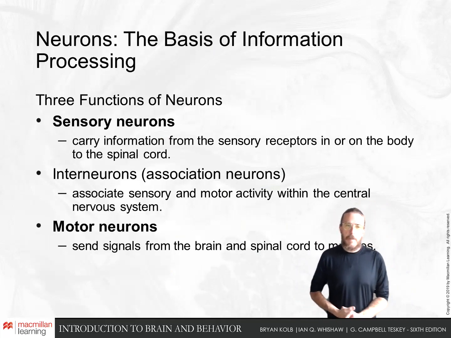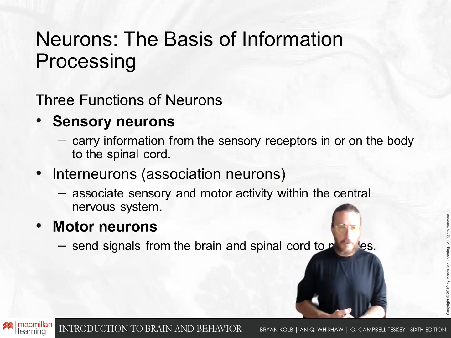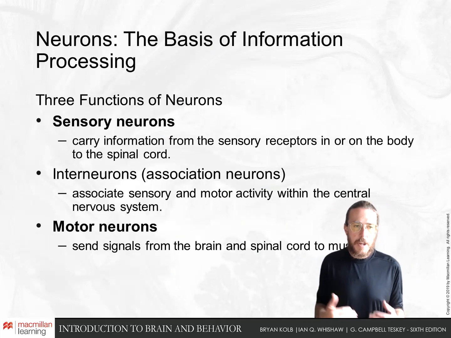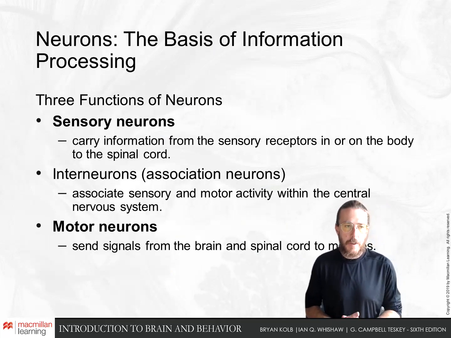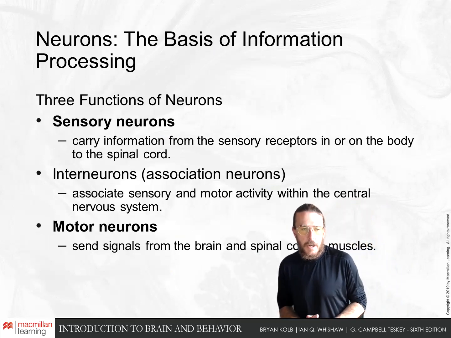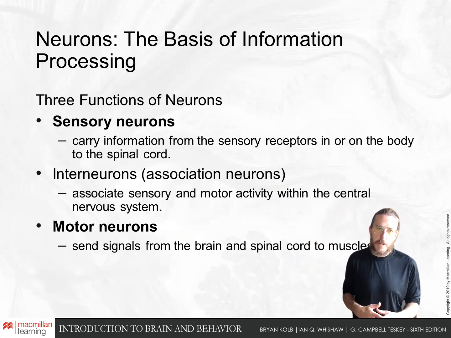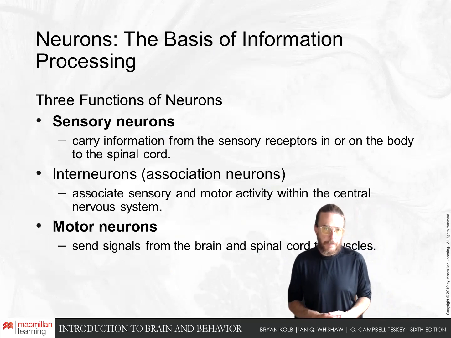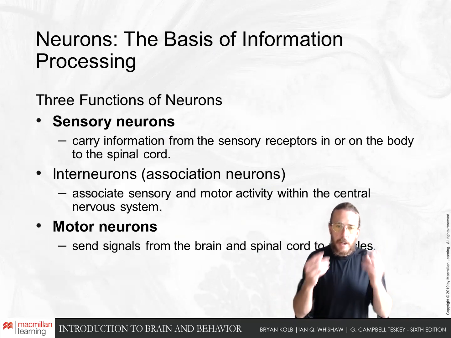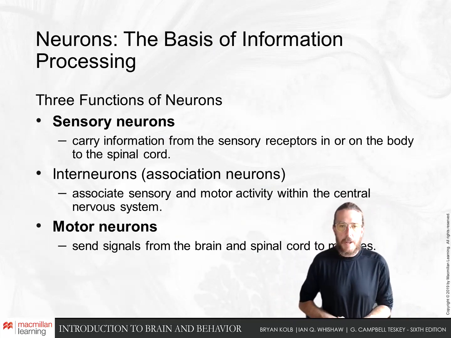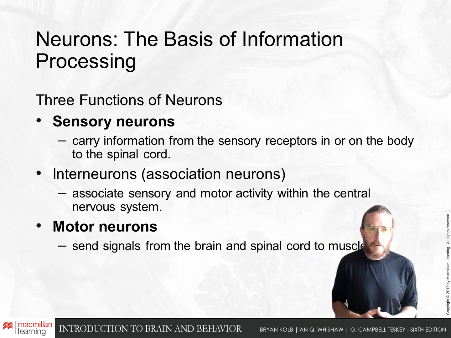Neurons in general can be divided into three most general types: sensory neurons, interneurons, and motor neurons. Sensory neurons are the first input into the nervous system. They carry information from the sensory receptors all over our body, and our eyes and our mouth and ears, into the spinal cord.